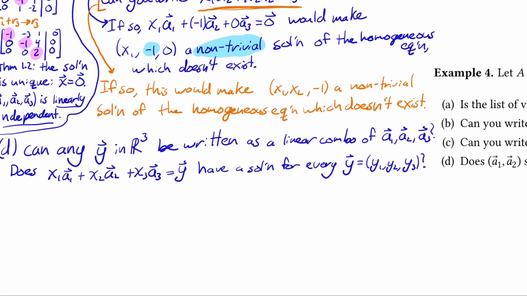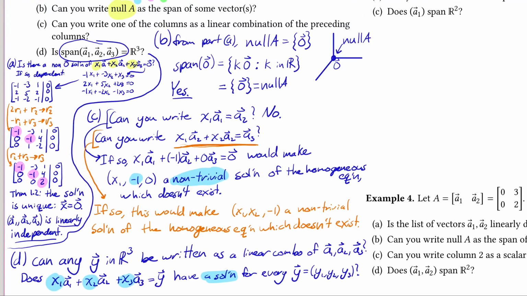Because this equation having a solution means the scalar coefficients that make it so you can get that linear combination equal to your vector y, no matter what that vector y in R3 is. If the answer to that is yes, then the span of A1, A2, A3 equals R3.